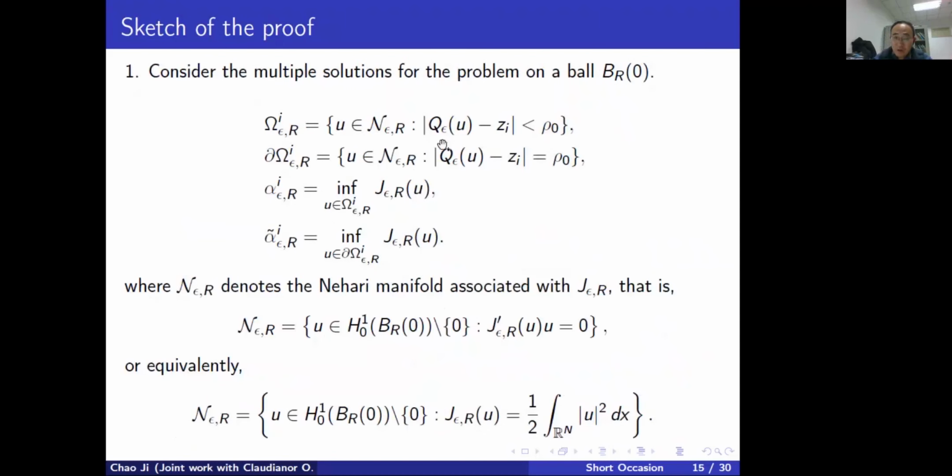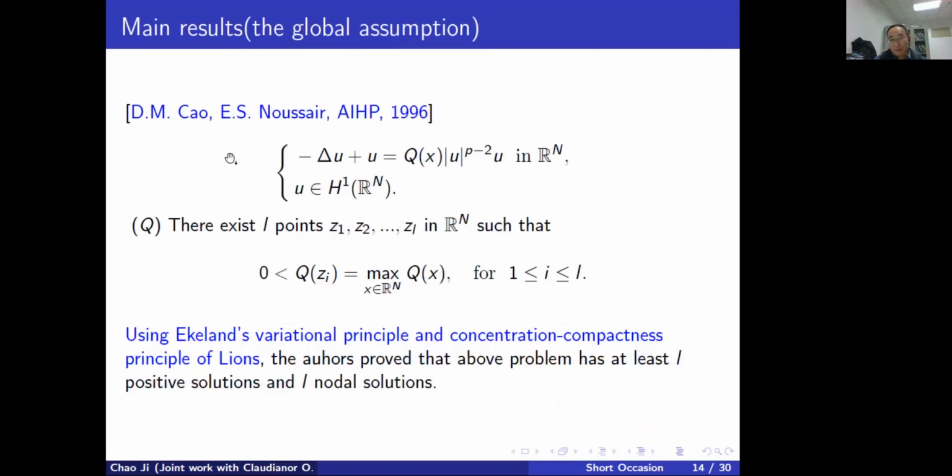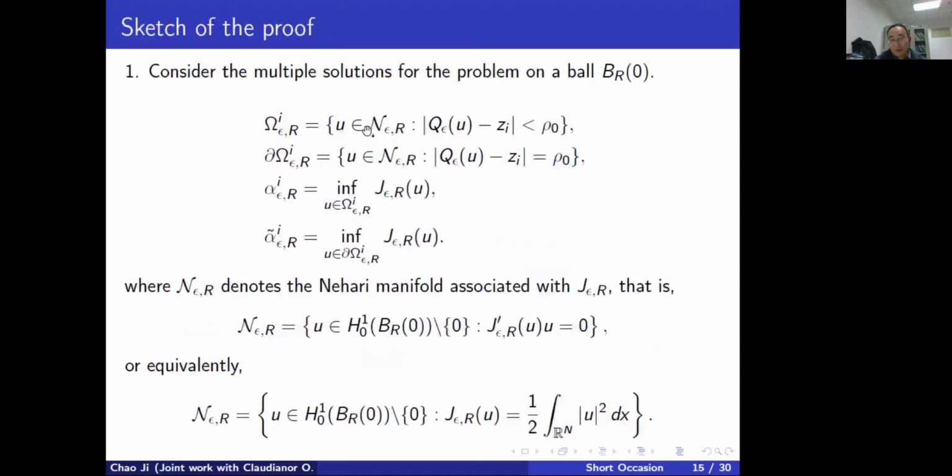So because these sets are mutually disjoint and this functional is continuous, we can get L mutually disjoint bounded open sets on the Nehari manifold. So they consider L different local minimizers on the Nehari manifold.